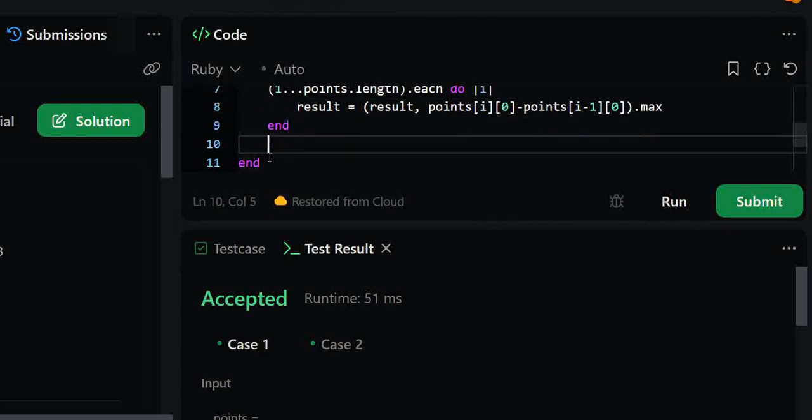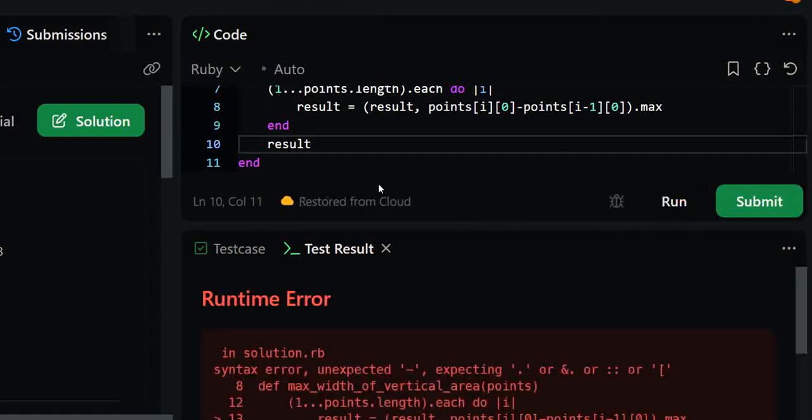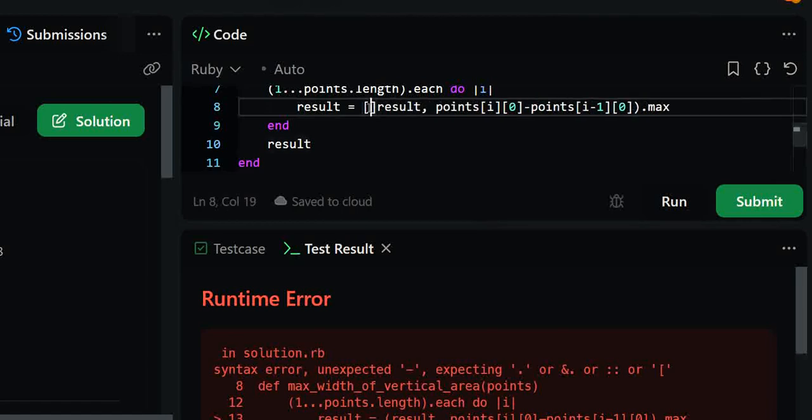And after stepping out of this loop, I'm saying just return the result. What I have done is, okay, this is not this bracket, actually we do it with square brackets in Ruby.